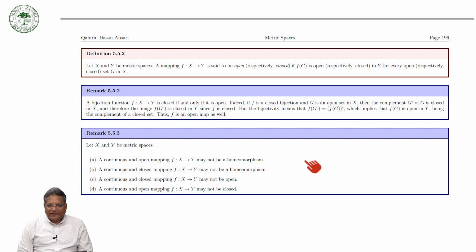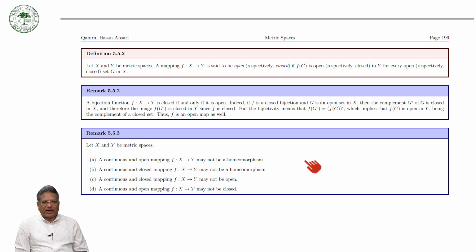Now we can define the open and closed mappings. We have seen that the image of an open set is open if the function f is a homeomorphism.